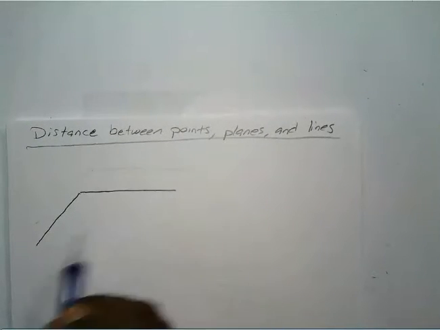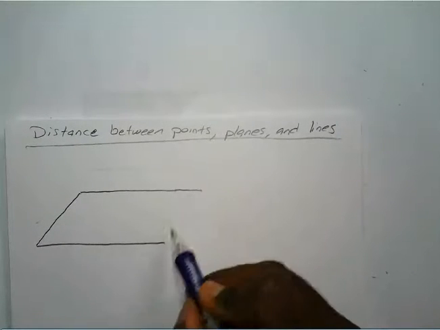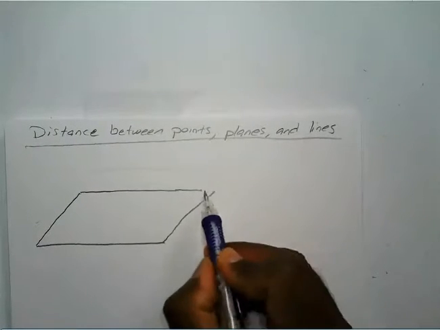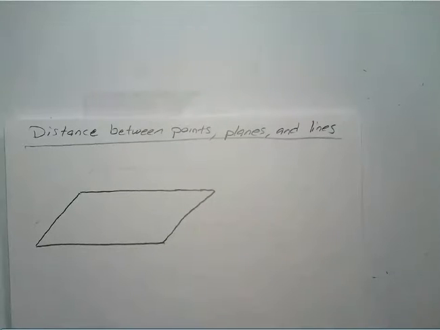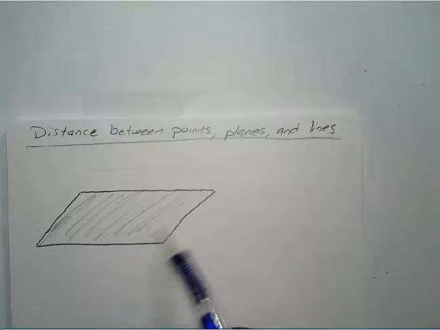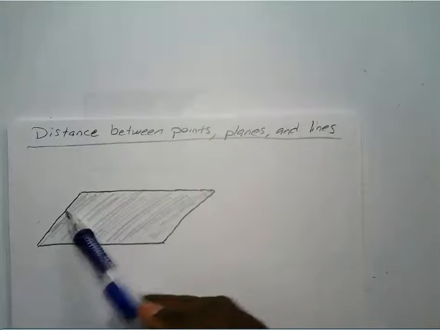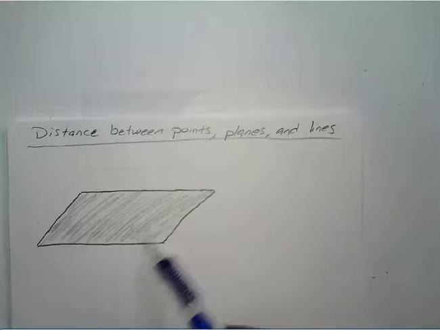So we're going to draw our plane. We're going to shade that in just a little bit. That's our plane in three-dimensional space. You can think of it as just a sheet of paper floating in the air.